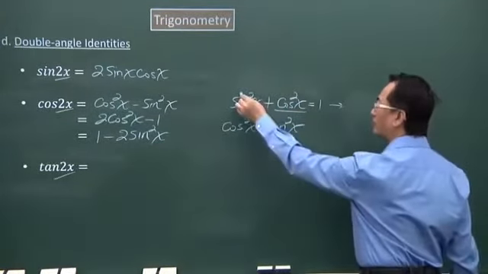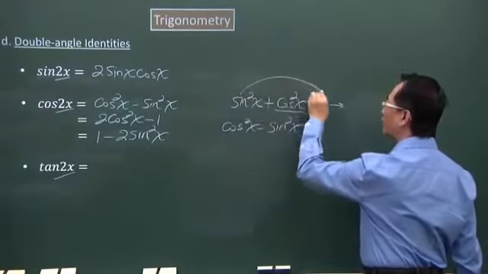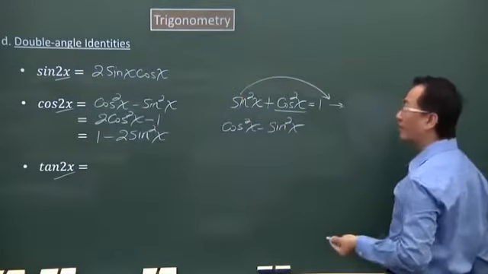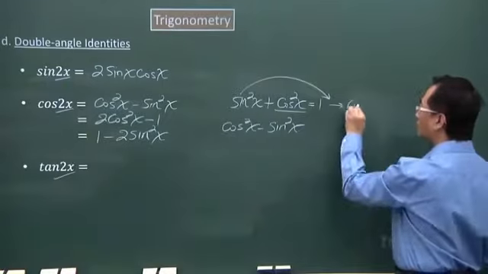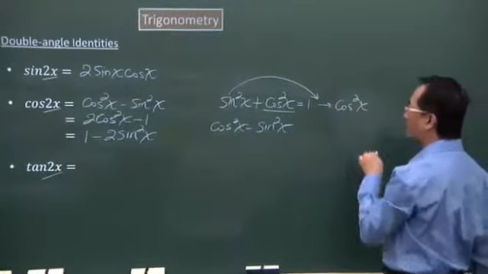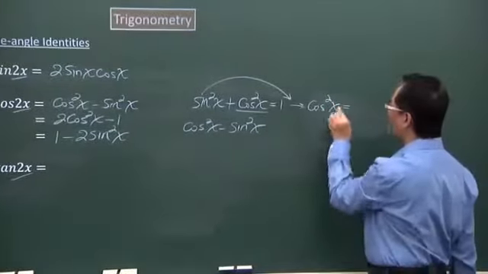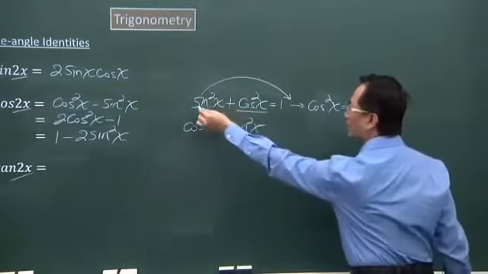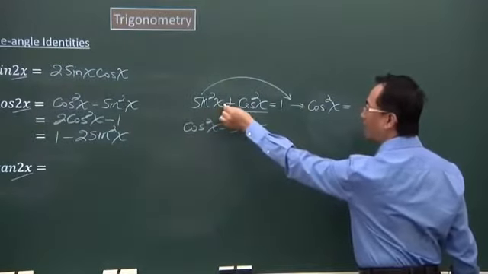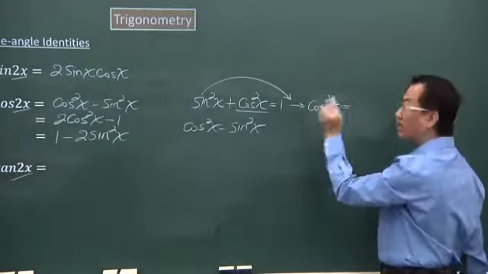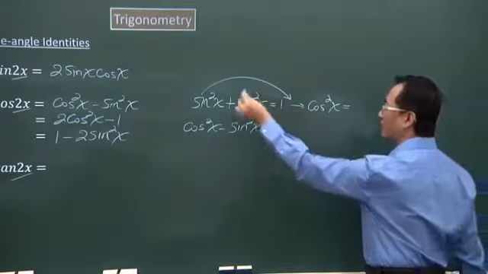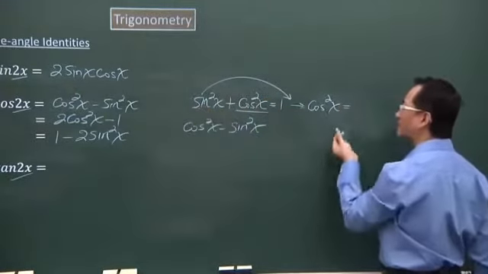So I'll transfer the sine squared x to the right side. So cos squared x equals positive sine squared x from the left hand side transferred to the right hand side.